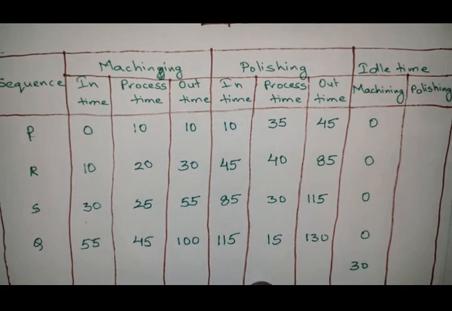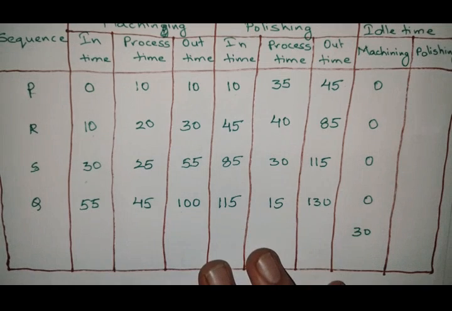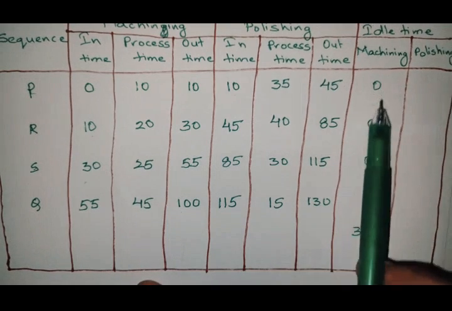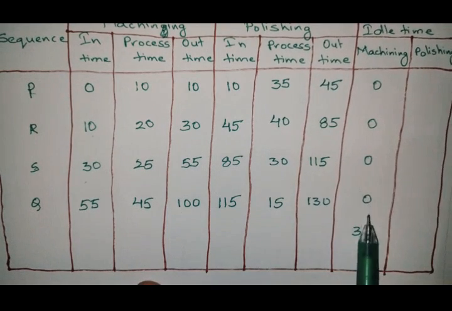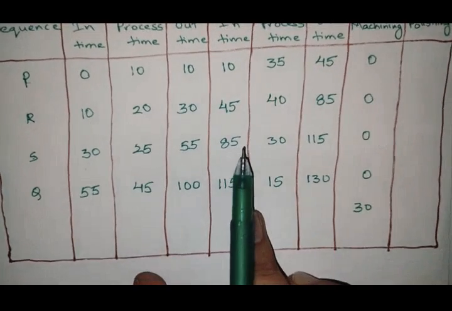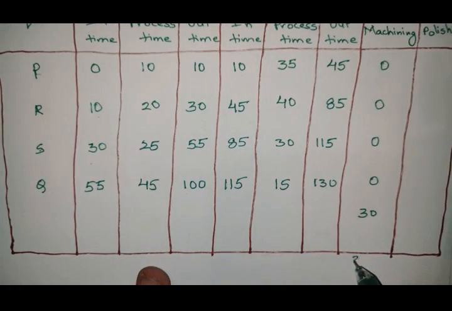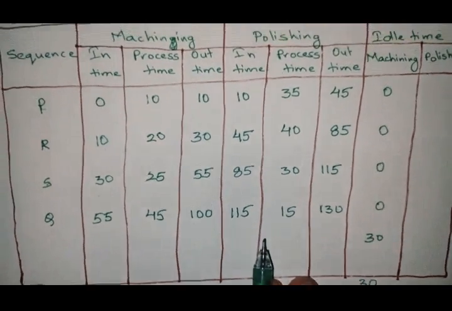Then what is the total idle time? Total idle time will be 0 plus 0 plus 0 plus 0 plus 30. It is equal to 30 hours. And next let us calculate the idle time in polishing.